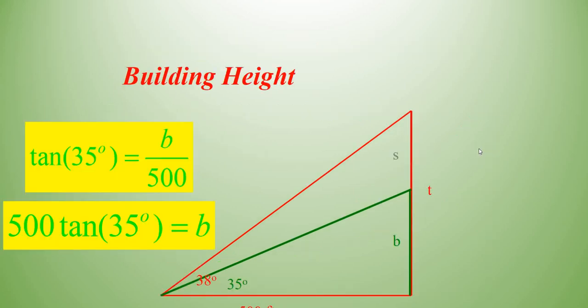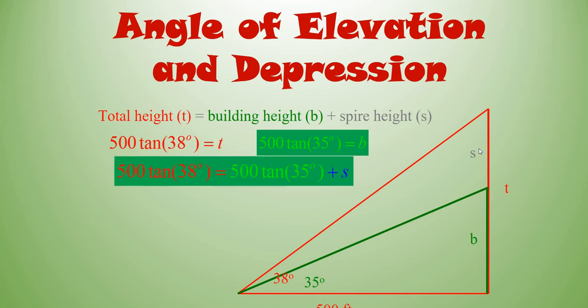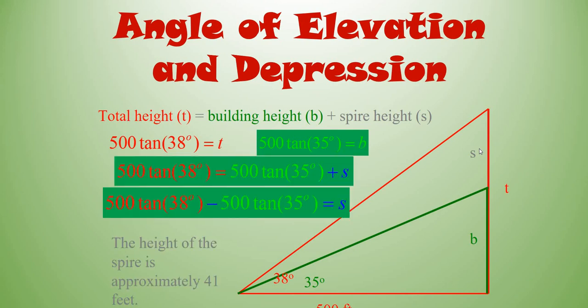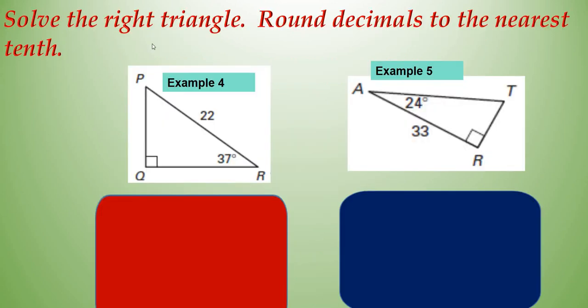Let's go to the second example. Solve the right triangle, rounding decimals to the nearest tenth. This is an easy example.